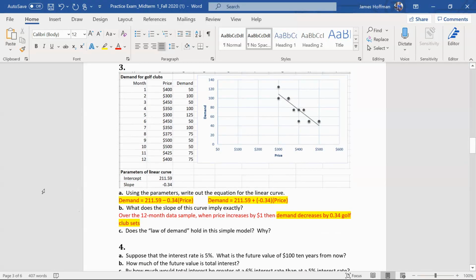Okay? And then C, has the law of demand held in this simple model, and why? So remember, the law of demand creates a negative relationship between price and demand, or price and quantity. So in this case, when price goes up, demand goes down, which is obviously confirming the law of demand because you get a negative curve.